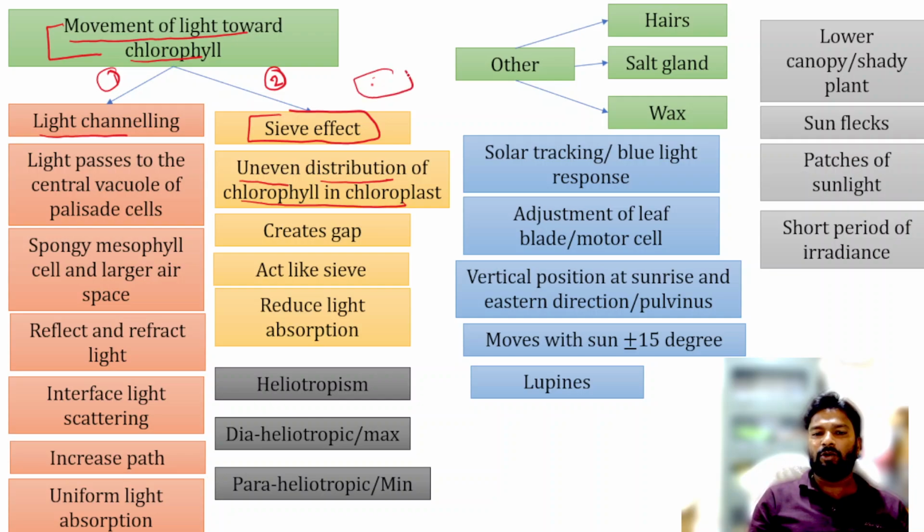Like this is a chloroplast, and these chlorophyll molecules are randomly or unevenly distributed, which creates gaps, and these gaps work as a sieve. This reduces the light absorption. So light passes to the other surface of the leaf. So this is the mechanism which is used for high light stress.